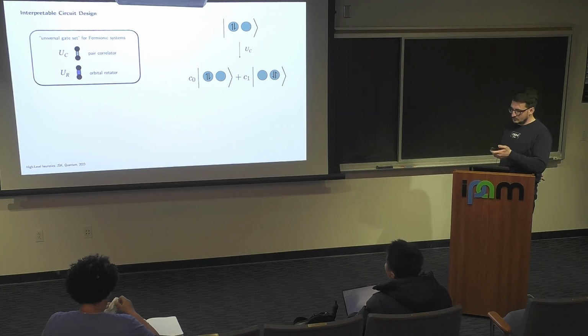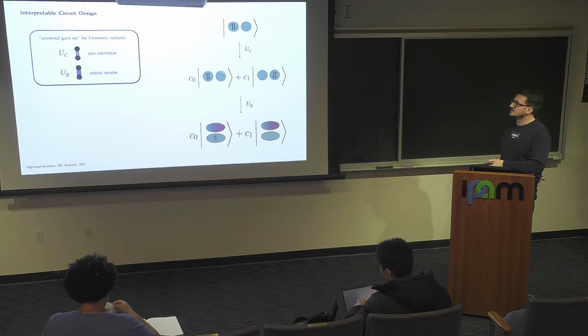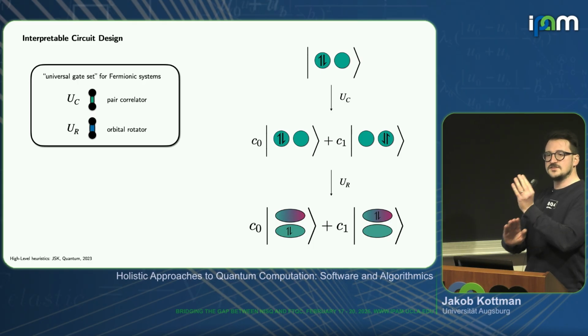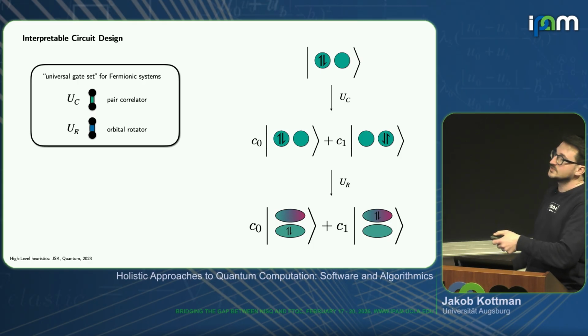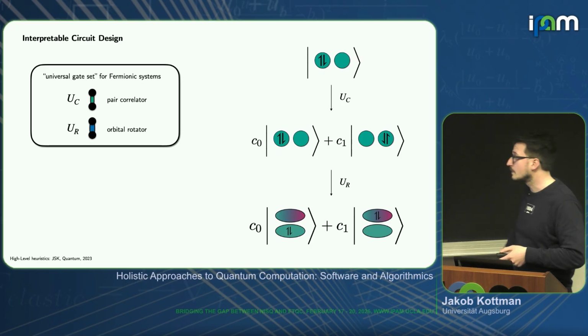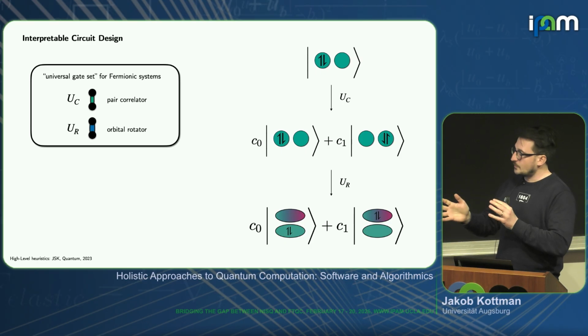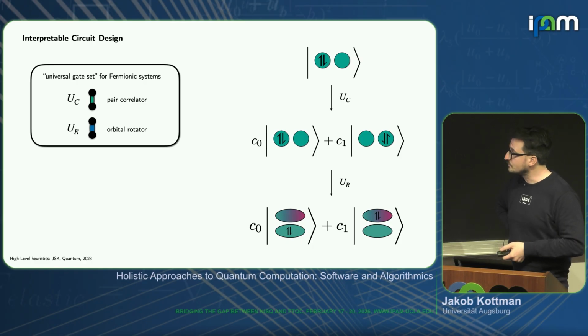And what the orbital rotator does is essentially leave the electronic configuration intact, but it changes the underlying representation. In a sense, it changes the orbitals or the sites in which you place these electrons. With this, you can create all types of circuits.